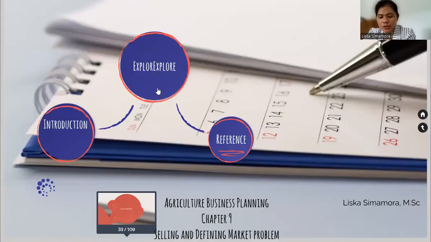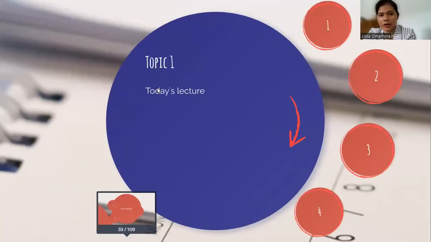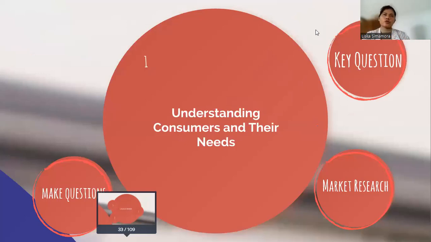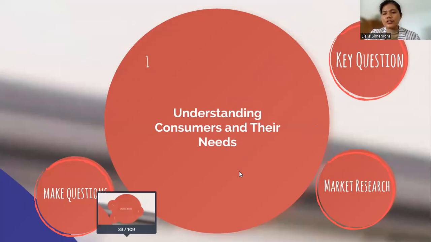So I want to give you more examples about the agro-tourism I explained to you before. So in order to understand this market from the side of agriculture business, because in this kind of business, the people will enjoy the service, right?